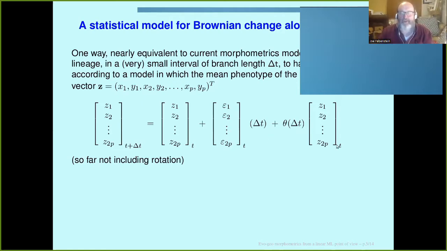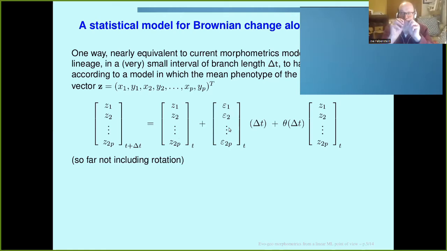And if we make ourselves up a model, not necessarily a linear model, here's what I get: the coordinates of the form are changing, and the model of their change is going to be that at time t, suppose we're at time t and we're going to time t plus a little bit, t plus delta t, we're going to have the form, and adding on to that, we're going to have some random variables, which are covarying, times a delta t.